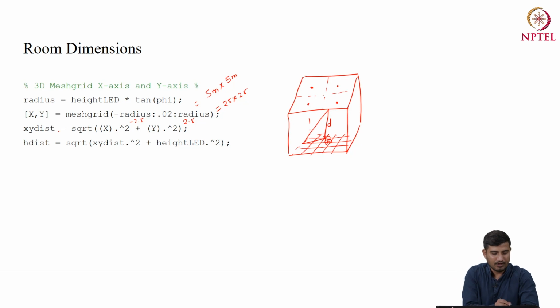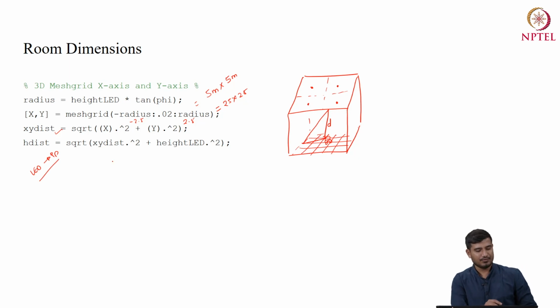For that, you can calculate the xy distance by simply using the square root of x square plus y square, and based on that you can calculate the h distance, where the height of the LED will be involved. So this h distance is the distance from LED to PD, which is a function of the x and y distance and the height of the LED. This is how you will be able to calculate the distance from LED to the receiver.